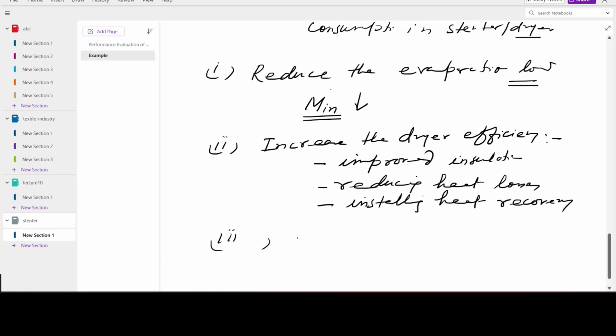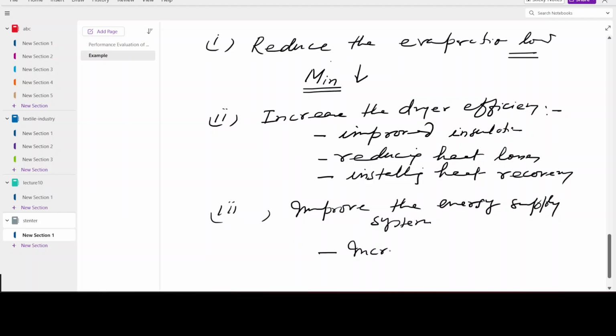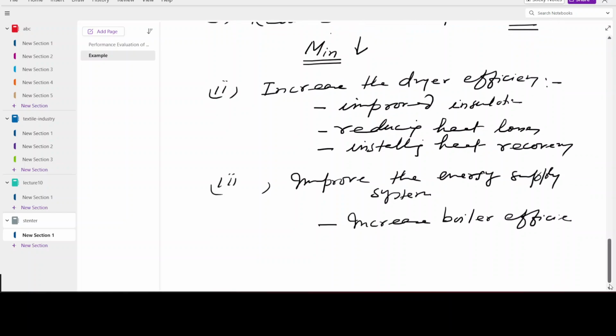Third way would be to improve the energy supply system, meaning increase boiler efficiency, or use alternative low cost fuel.